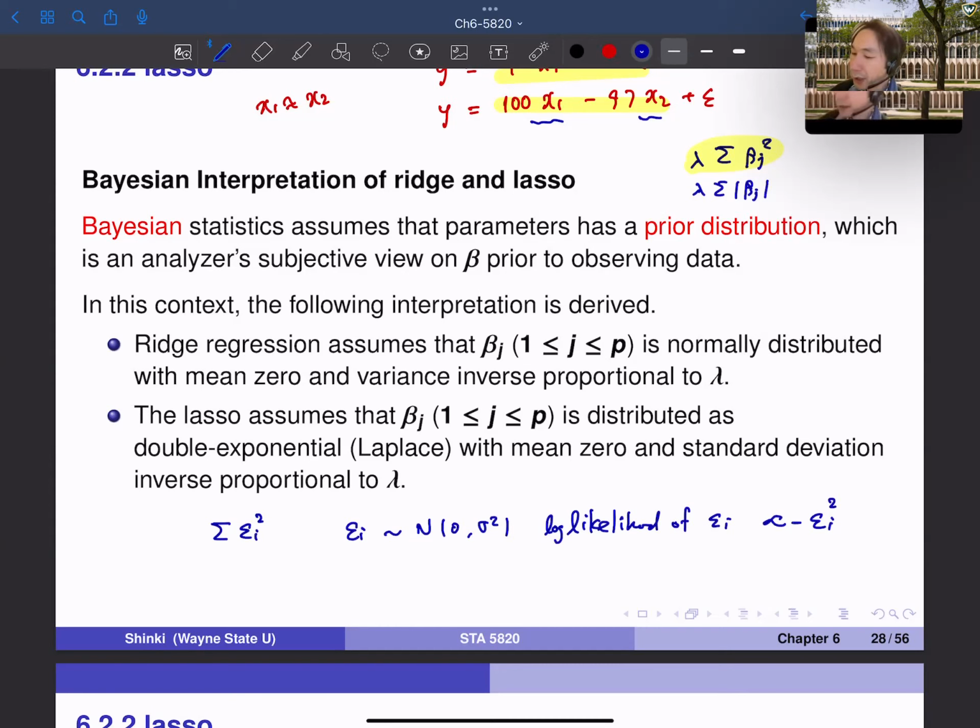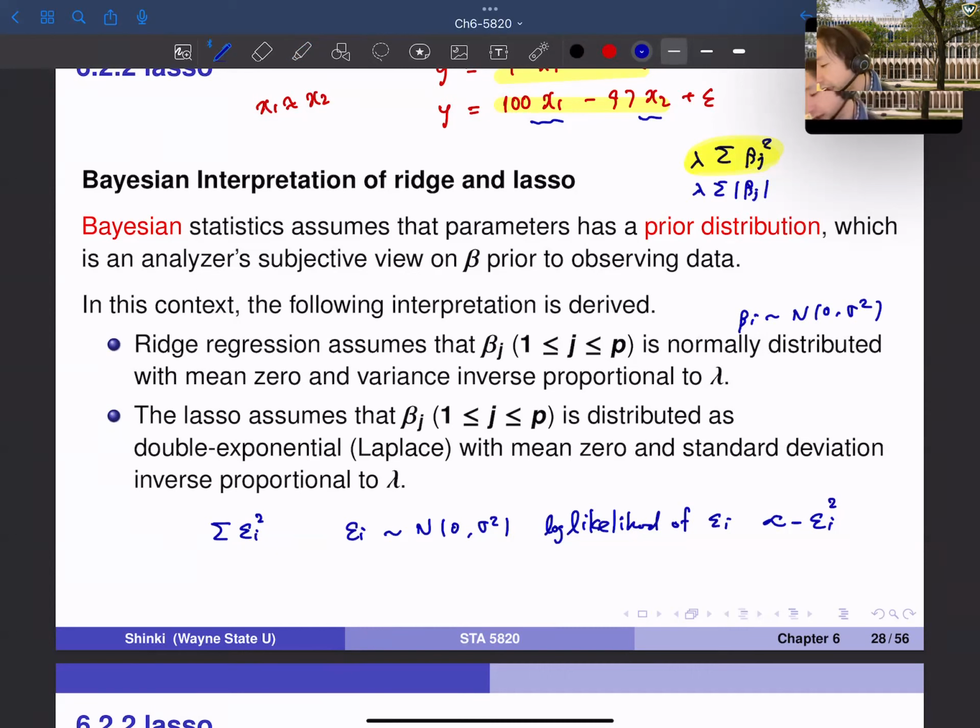That means we can see this ridge penalty as a penalty on the random variable beta j. Suppose beta j is normal with mean 0 and variance sigma squared. Then the log likelihood is negative epsilon i squared, so the penalty is the negative of that.